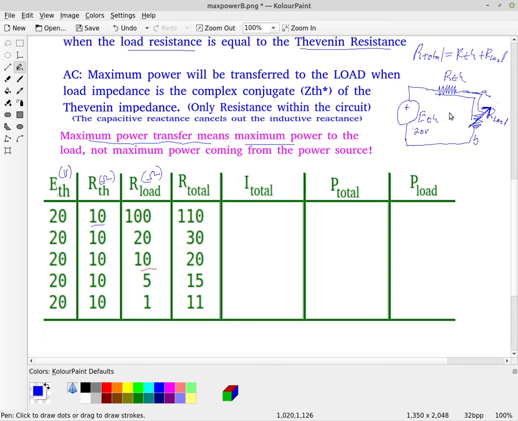So we have our total here, and from Ohm's law the total current, I total, is equal to E Thevenin divided by R total. That's going to be my total current, in amps. It's a series circuit, so it's the same current everywhere.